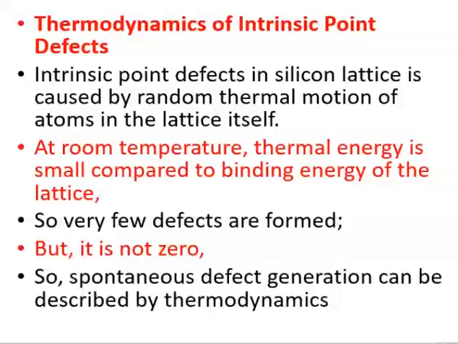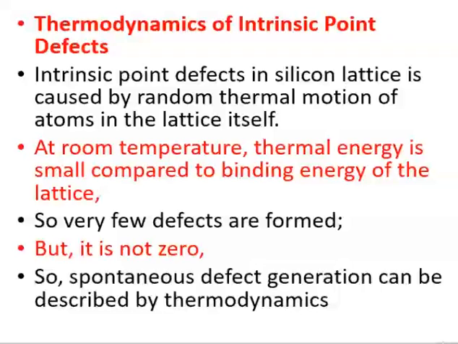And of course, at room temperature, this thermal energy is very small, but it is not zero. But nevertheless, it is less than the binding energy of the lattice structure of the semiconductor material. So therefore, because it is not up to the amount of the binding energy, we have very little number of defects in the lattice structure of silicon or germanium.